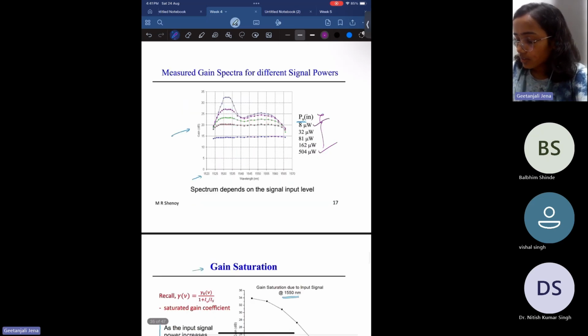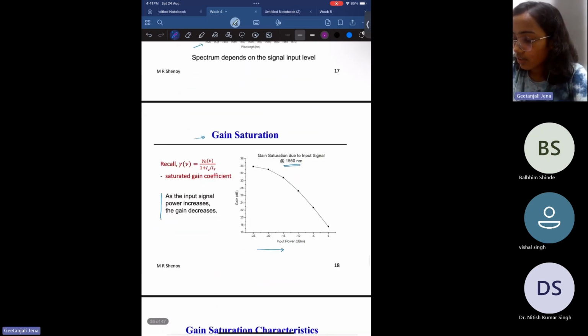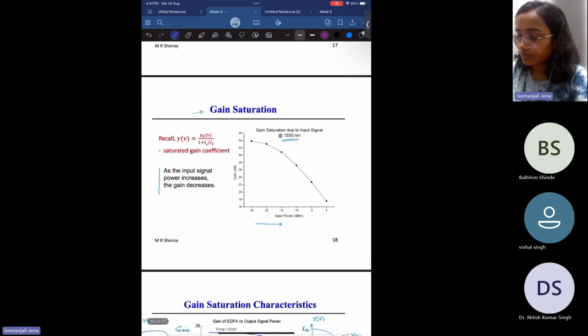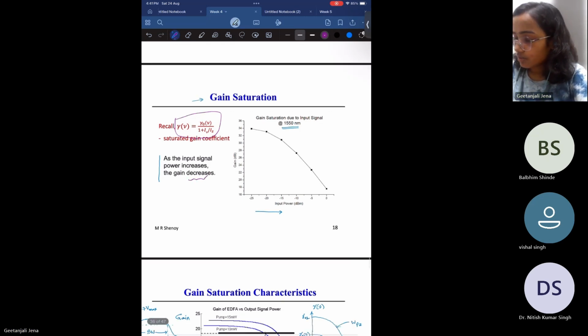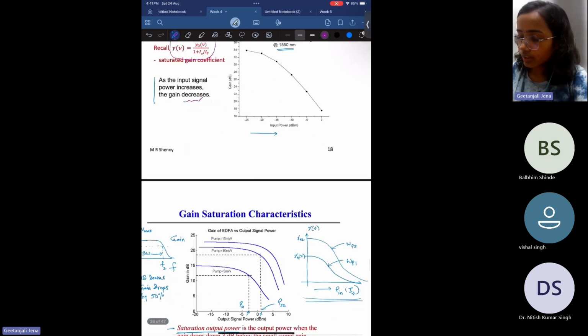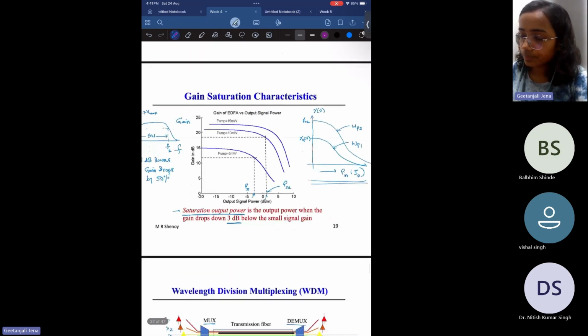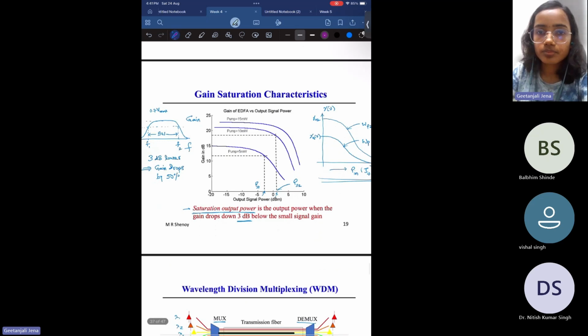Okay, and this is the formula for the saturated gain coefficient, which is gamma 0 nu divided by 1 plus I nu by I s. So when we increase the input signal power, the gain will gradually decrease. Okay. So these are nothing new. Let us quickly move to the next slide.